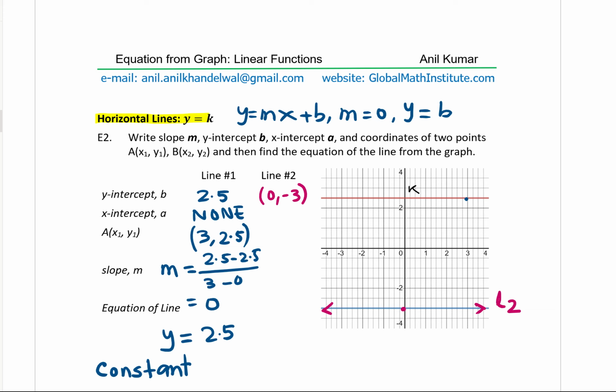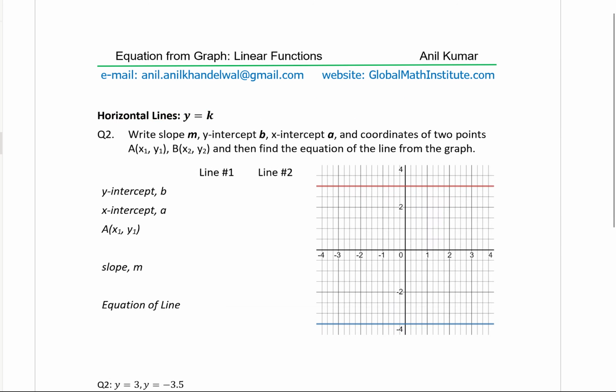The slope we know is 0, so m is equal to 0, and the equation of the line will be equal to the y-intercept itself, which is y equals to minus 3. Is that clear to you? So that is how, for a horizontal line, we'll get an equation of the form y equals to k, where k is the y-intercept.